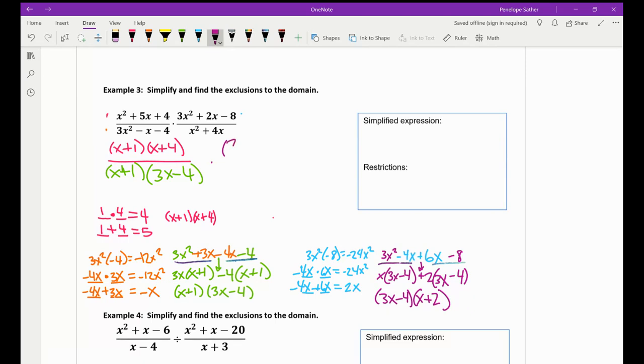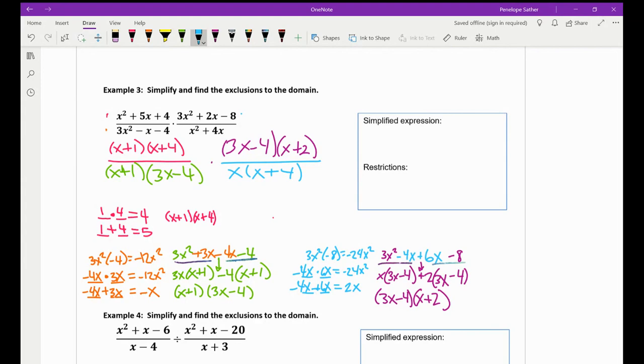You're going to have a 3x minus 4, and then an x plus 2. And then in the denominator for that fraction, we're going to go ahead and just factor out an x. It's just a greatest common factor situation. So you'll have x times x plus 4.